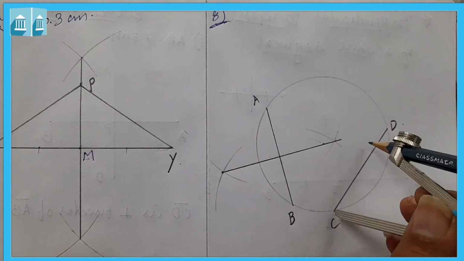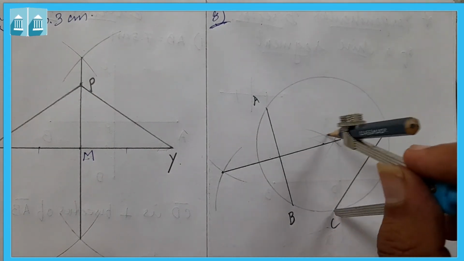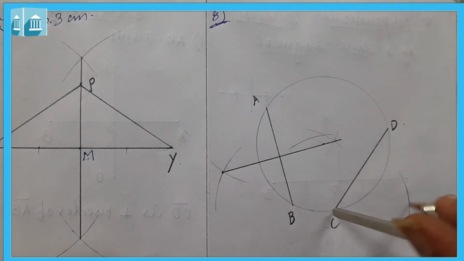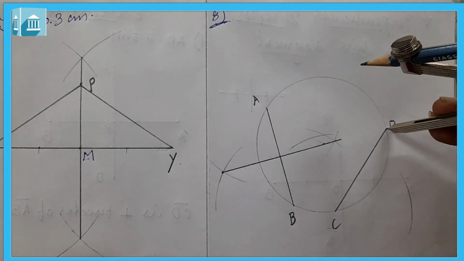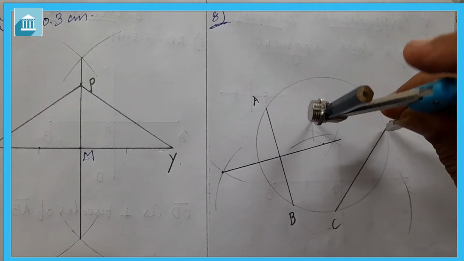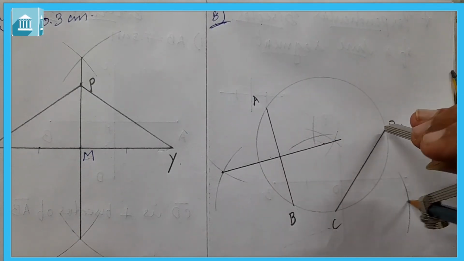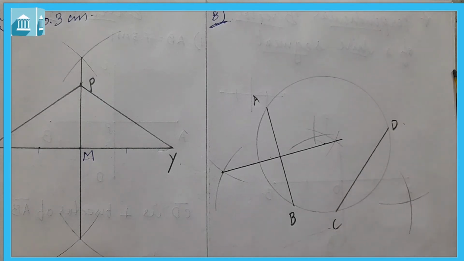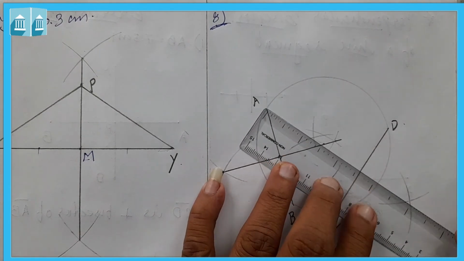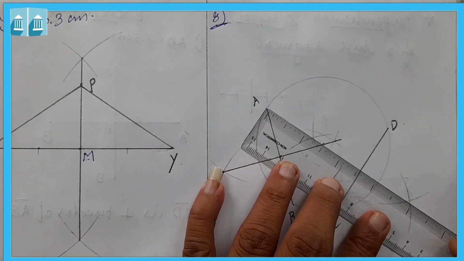That is, radius more than half. We need to draw arcs here and here, that is on both sides. Then from here again we need to draw one arc here and one arc here, and then we need to join these two points where the arcs intersect.